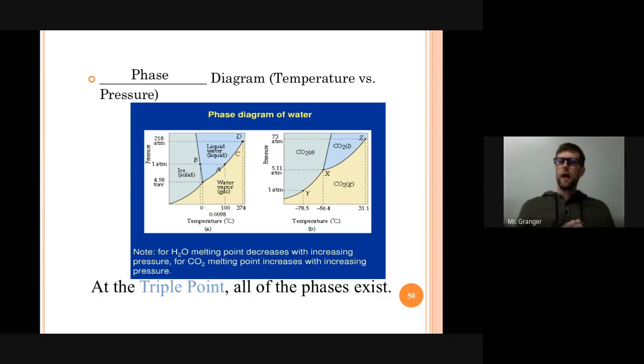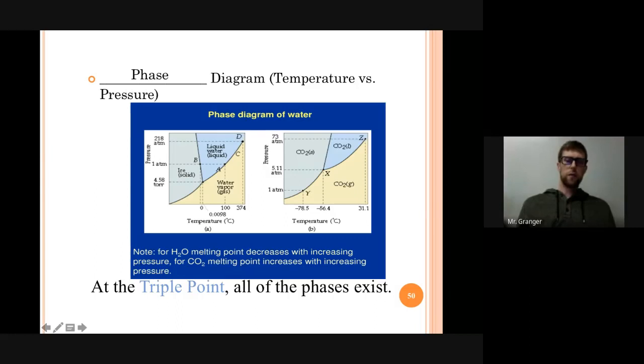Okay, and again, if we go back to normal atmospheric pressure being 1 atmosphere at sea level, you can notice on the carbon dioxide graph that our value for 1 atmosphere shows what we normally see for dry ice, and that is dry ice normally goes from a solid directly into a gas, which is our sublimation process that we talked about in the last lesson.